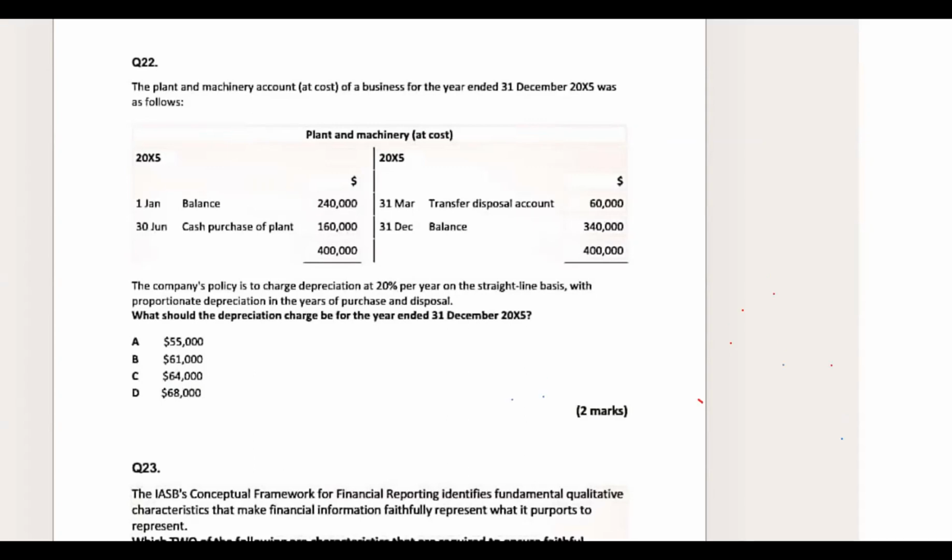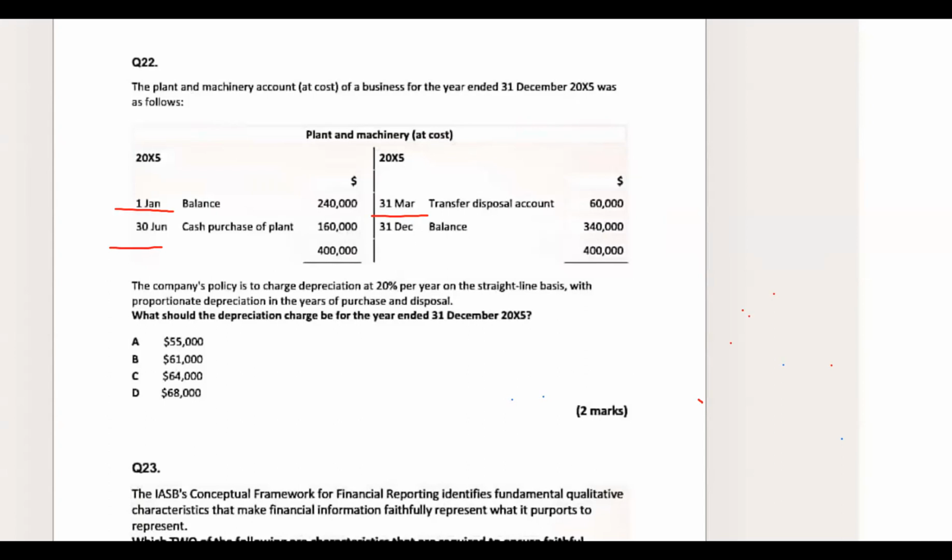You are calculating this on a straight line basis. So check what is happening. These things are being bought at different months, right? You have the balance brought down, January, June, March, right? So you will need to account for those months.